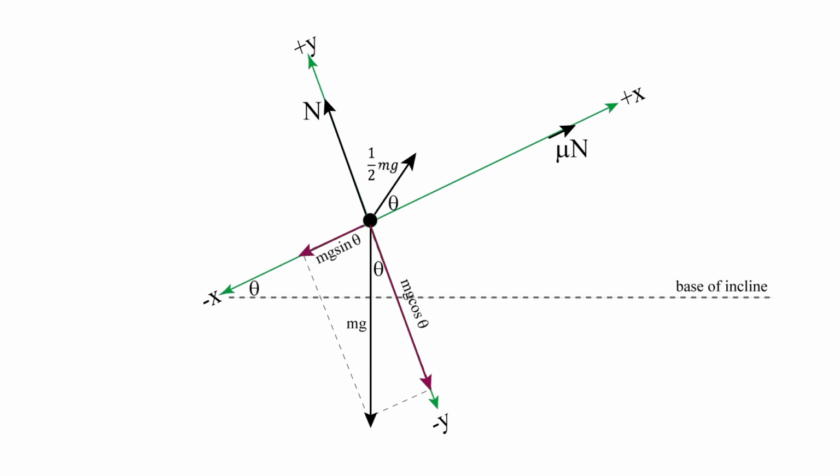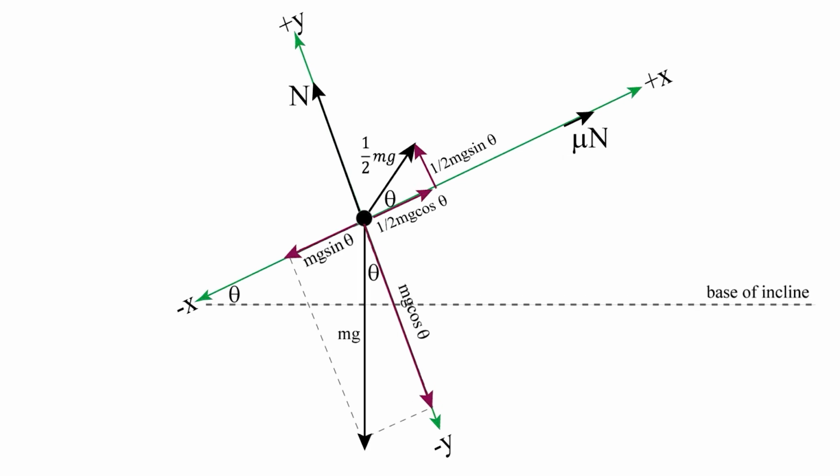When we resolve our external force of half mg, we get half mg cos theta and half mg sin theta. Both of those are positive. And notice that the normal force and the force of friction are already aligned with the slope, so we don't have to resolve those. And again, those are both positive.